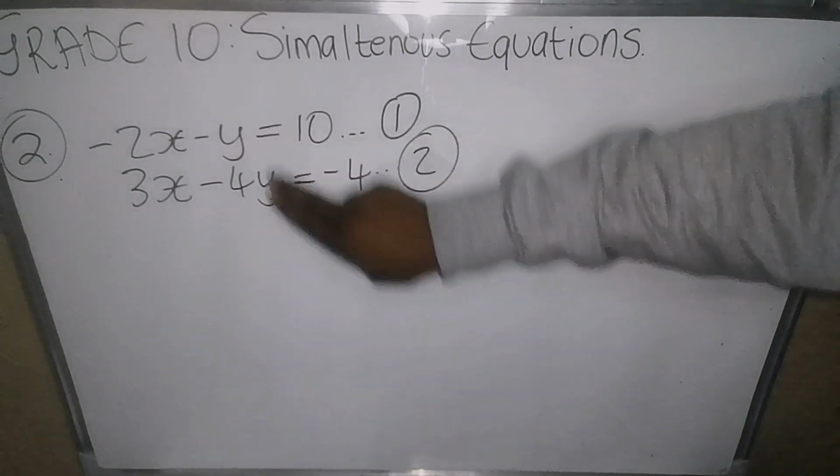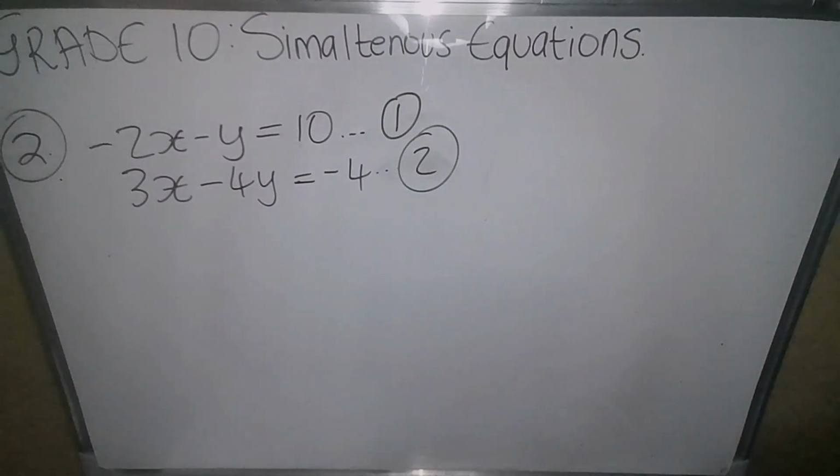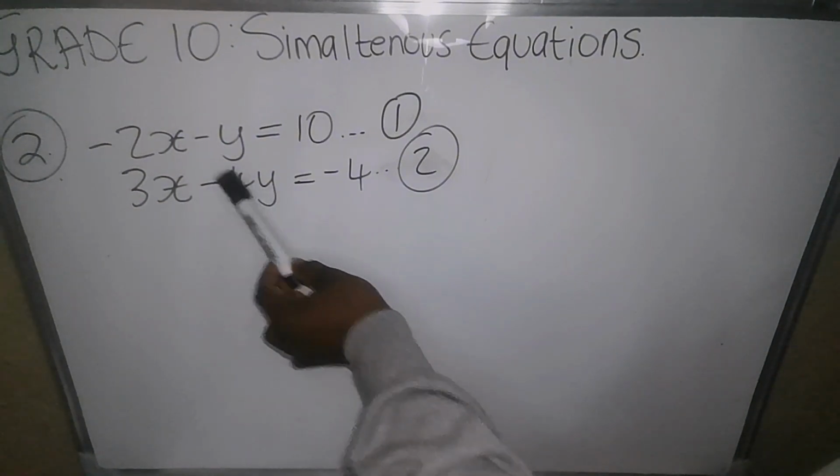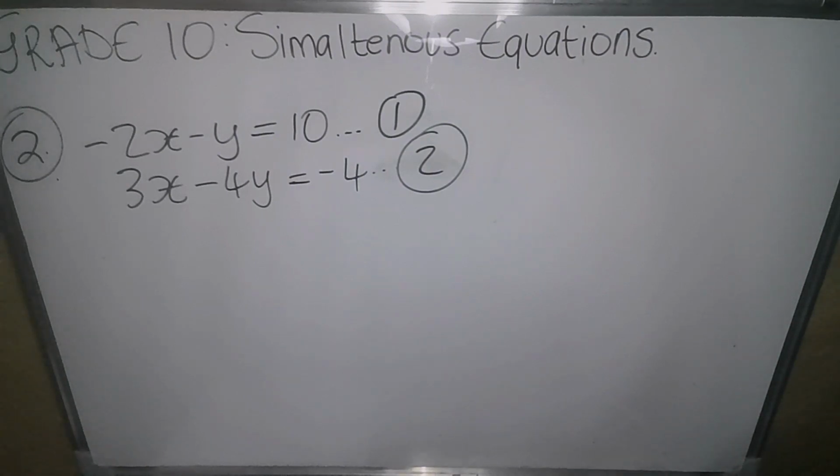But if they are written in this form, you already know equation number 1, equation number 2. Simple. Now, your aim in this case is to make either x or y, or any of the two variables, the subject of a formula. You just look for the simplest one you can simplify further.